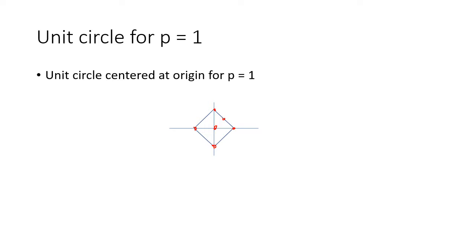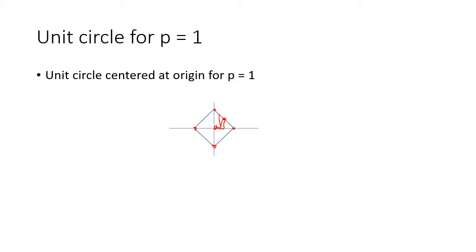But for instance, if we look at the point (1/2, 1/2), that distance is 1/2 unit to the right and 1/2 unit up, and so that point is also 1 unit away. If we went over 1/4 and up 3/4, again, the distance is 1, all the way around.